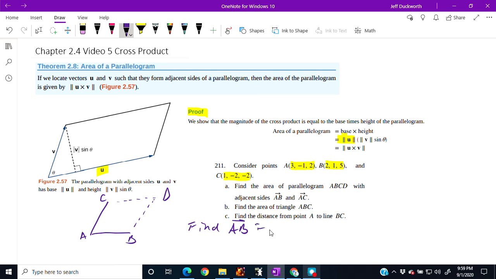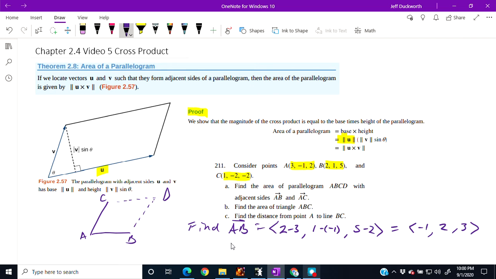So this equals, let's see, A going to B, so we're going to take each value in B and subtract A from it. So we're looking at 2 minus 3 for the first value, 1 minus -1 for the second, and then 5 minus 2 for the third, which gives us (-1, 2, 3).